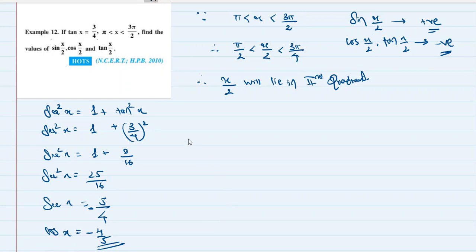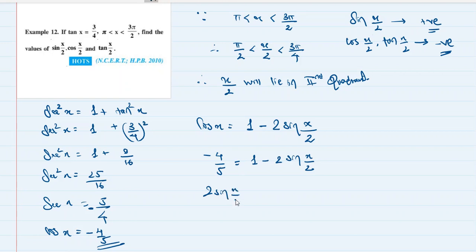Now we are applying the formula of cos 2a. Cos 2a is 1 minus 2 sine square a. But it is not a double angle over here, so I am going to write x by 2 over here. This is the half angle variation of the double angle formula. So cos x is minus 4 by 5, which is equal to 1 minus 2 sine square x by 2. So 2 sine square x by 2 is equal to 1 plus 4 by 5.